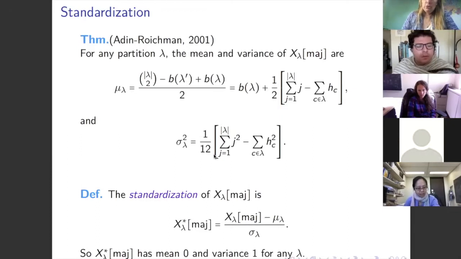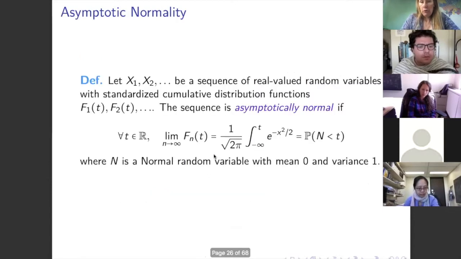I need to introduce this notation. So the standardization of a random variable is what happens when you just shift the mean to be 0 and then you divide by the standard deviation. So the new random variable just has standard deviation 1, mean 0. Okay. And then I have to tell you about asymptotic normality. What does that mean for a sequence of random variables to be asymptotically normal?